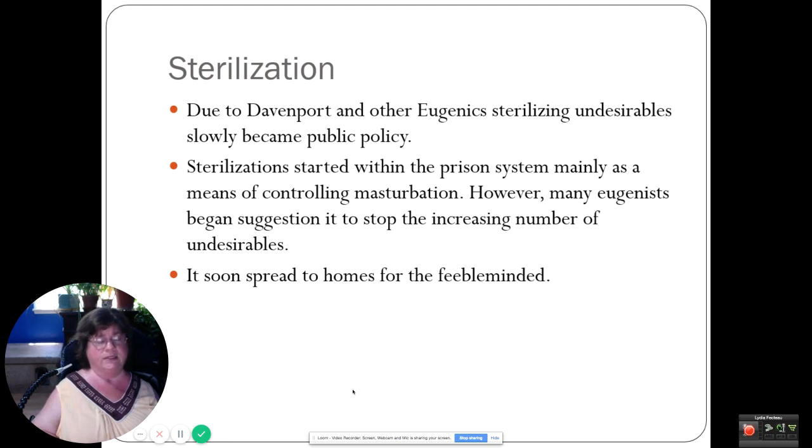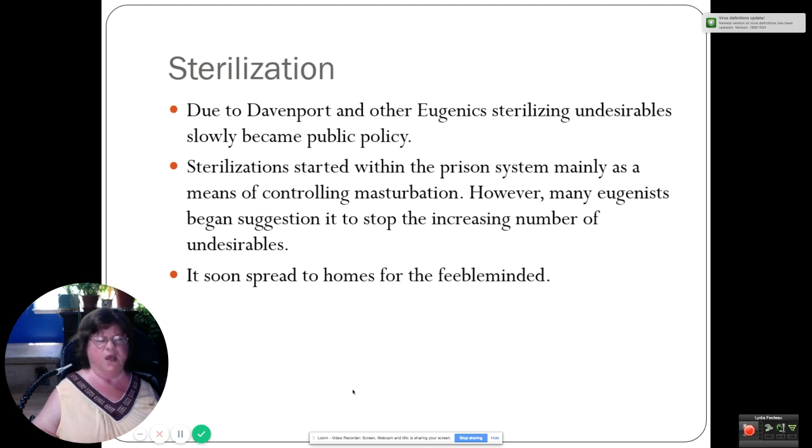It began to be seen as something that was linked to criminality. It was also linked to health issues. There was a belief that it would degenerate your health, that those who were mentally incompetent, who were intellectually disabled, masturbated more.